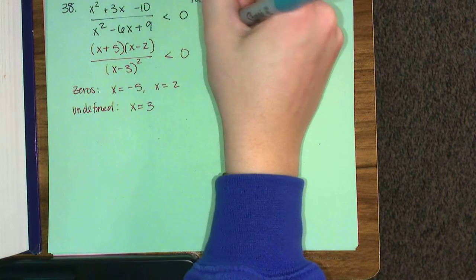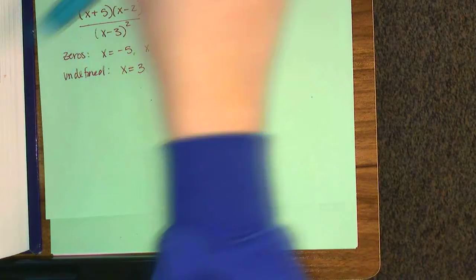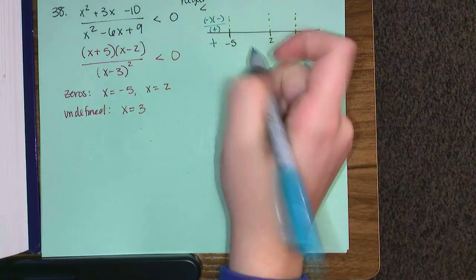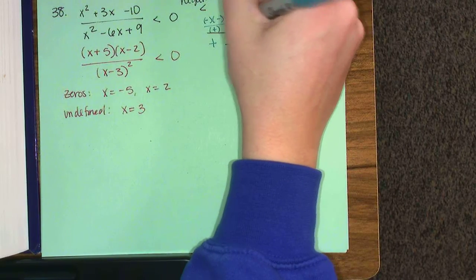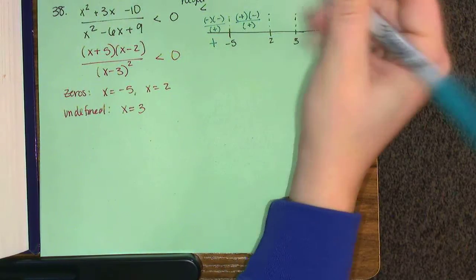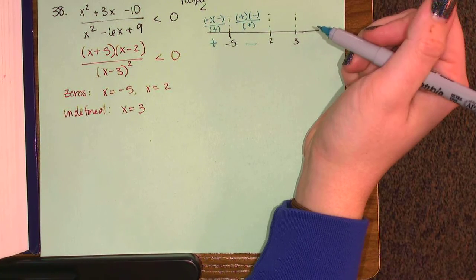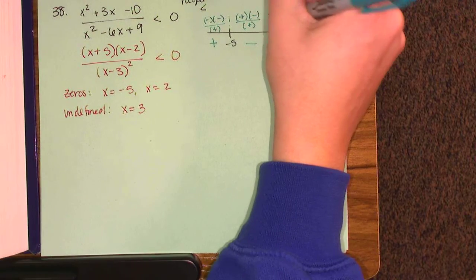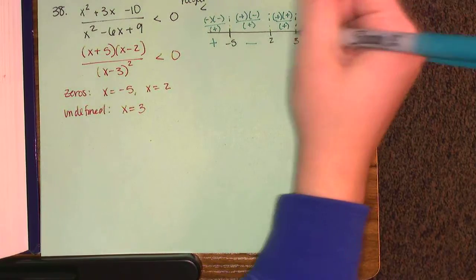Negative, negative over positive, meaning it's what? Alright, how about here? Positive, negative over positive. So you said that's negative. Then in here, positive, positive over positive, so it is positive.